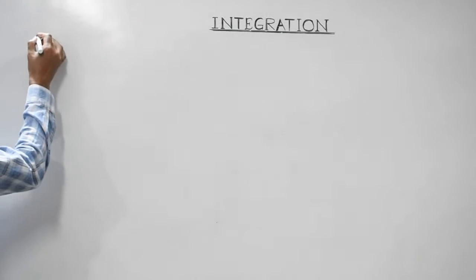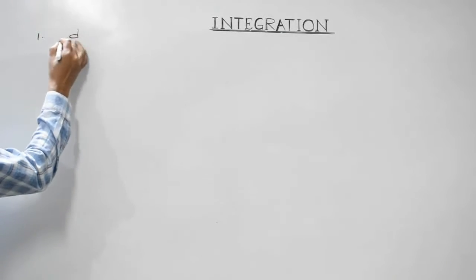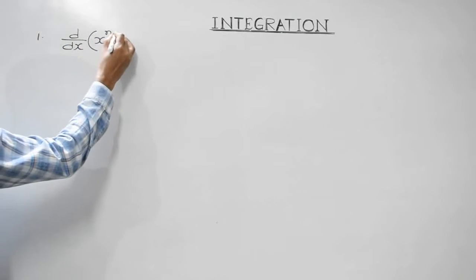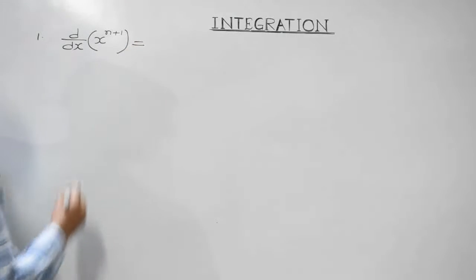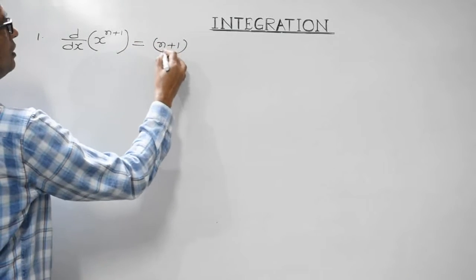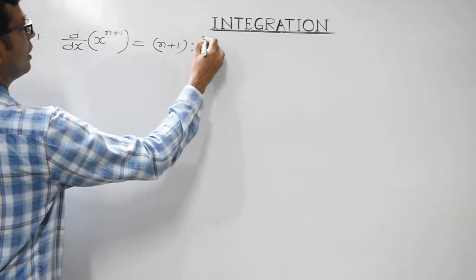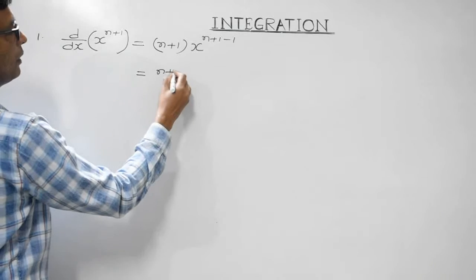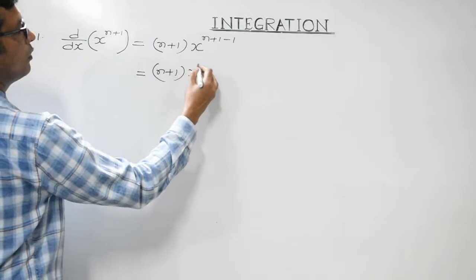Look. Differentiation of x to the power n plus 1. Make use of the formula. What is the formula? It is (n plus 1) x to the power (n plus 1 minus 1). So what do you get? (n plus 1) x to the power n.